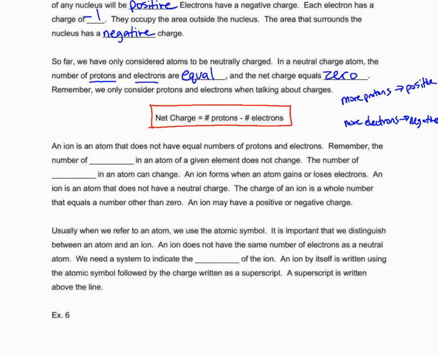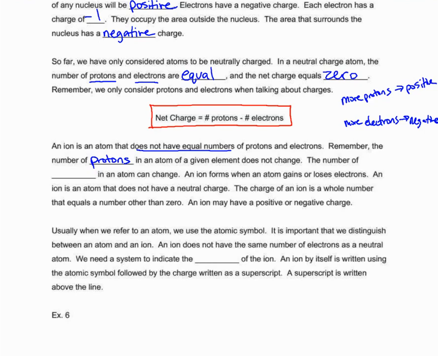So an ion is an atom that does not have equal numbers of protons and electrons. Does not have equal numbers. So remember, the number of protons in an atom is not going to change. The protons are in the nucleus. They're held very tightly. They can't get away. It's not going to increase. It's not going to decrease.